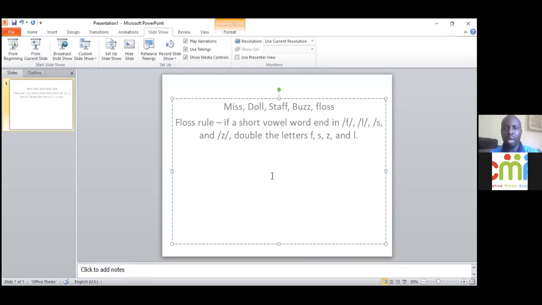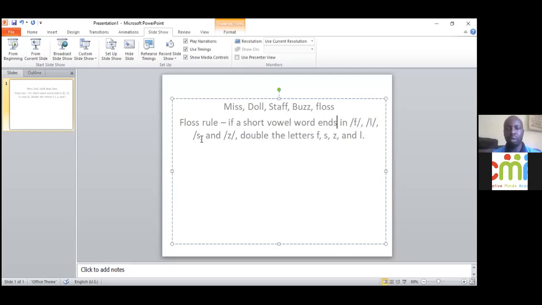So the rule on the screen tells us that if a short vowel word ends in f, l, s, or z, double those letters at the end. This rule works for single-syllable words.